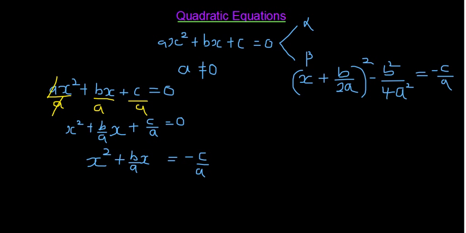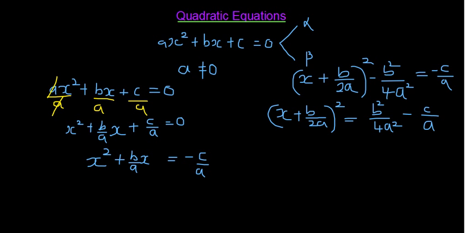So I can take this to the other side. Finally I am getting x plus b over 2a completely squared equals b squared over 4a squared, positive because it is negative on the other side, minus c over a.